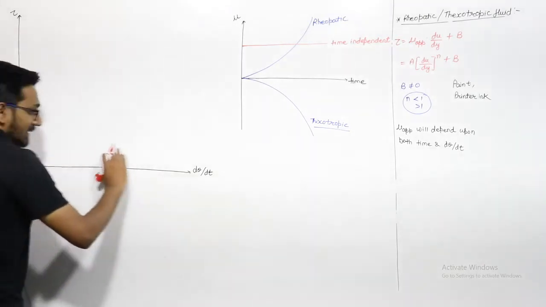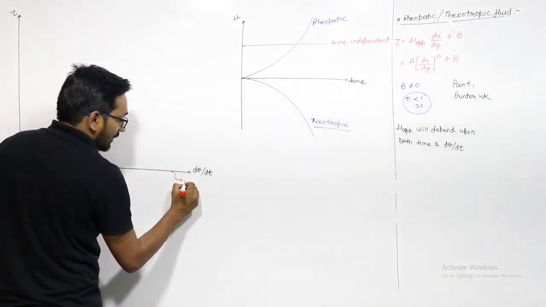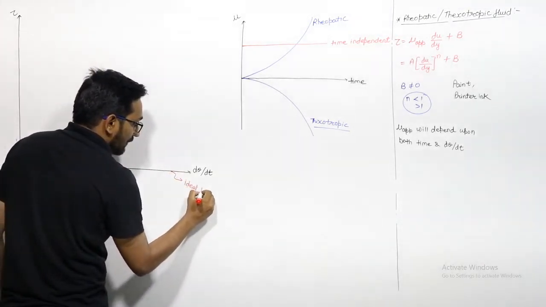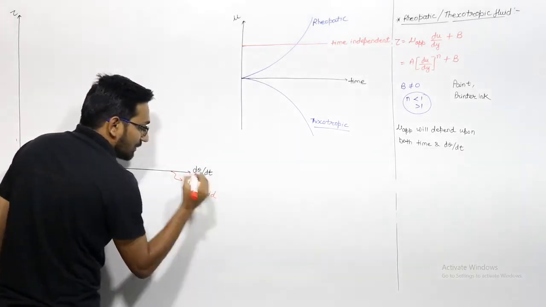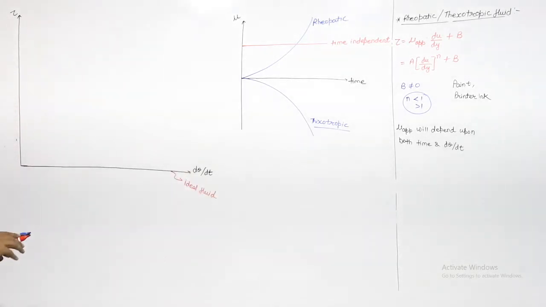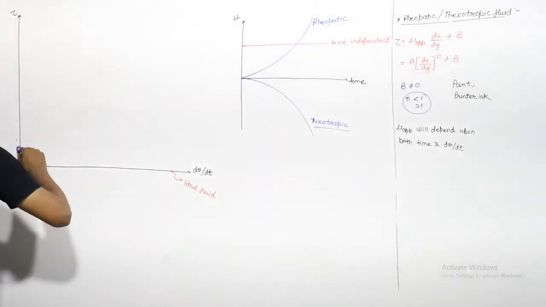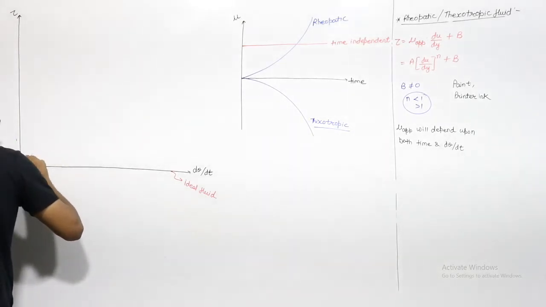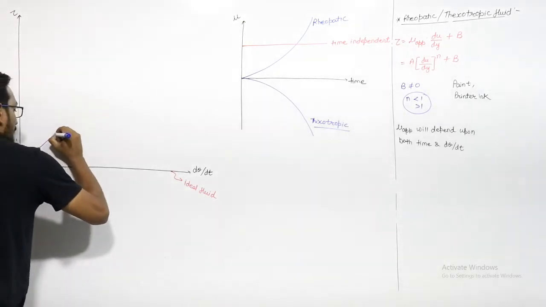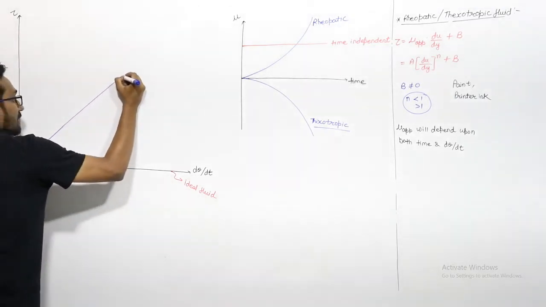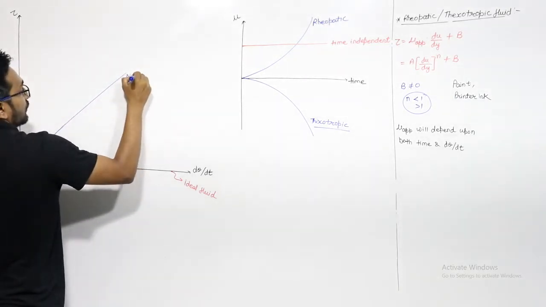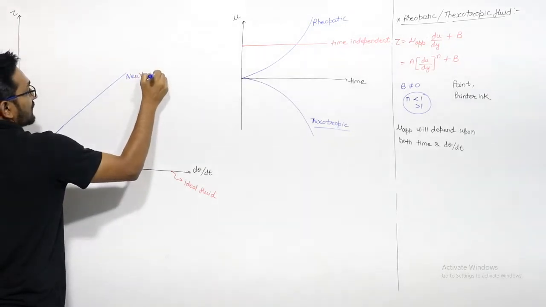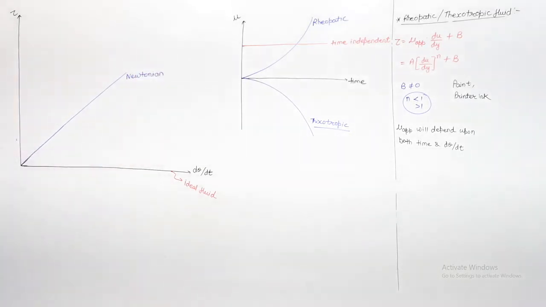We know that the x-axis will represent ideal fluid. We will show them one by one. This straight line will represent Newtonian fluid.